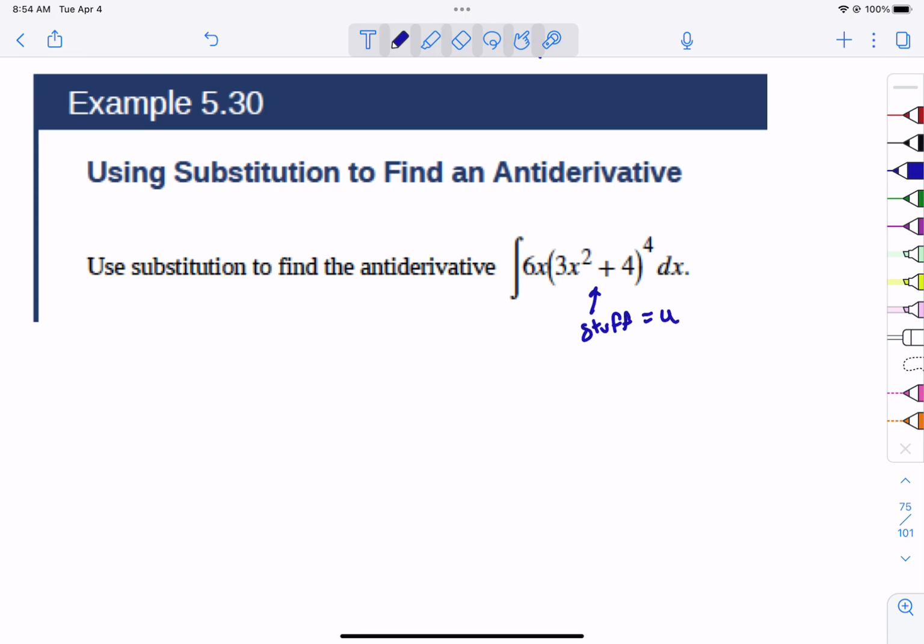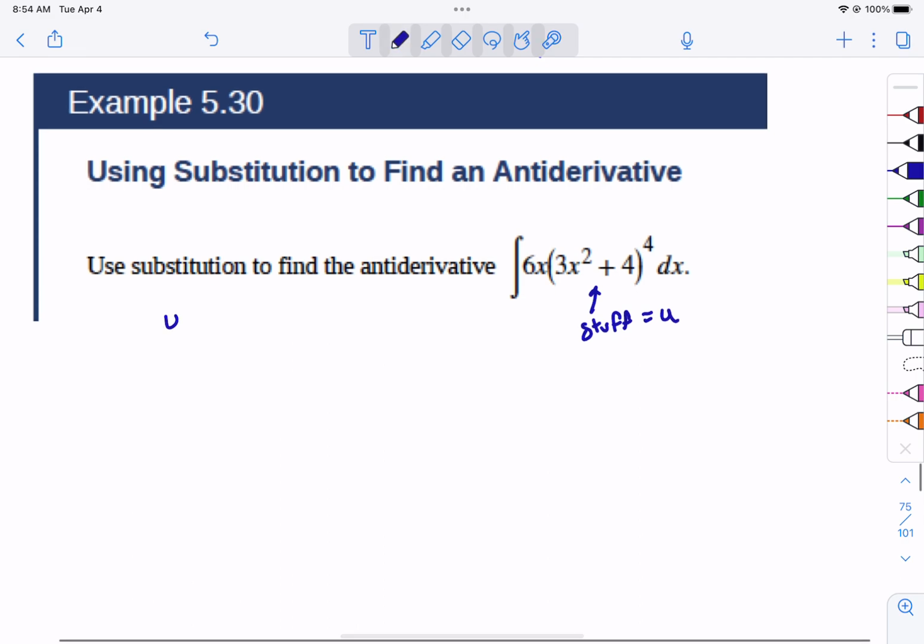And then we have to look, is a multiple of its derivative on the outside? Well, its derivative is 6x plus 0, 6x, which is a perfect match. It's not always going to be a perfect match, but at least it has to be a multiple of an x. It has to be sitting there. So what we're going to do, you're going to write that u equals 3x squared plus 4.